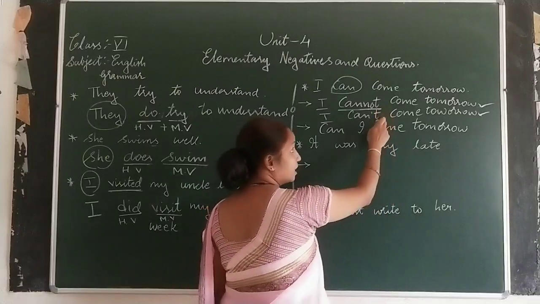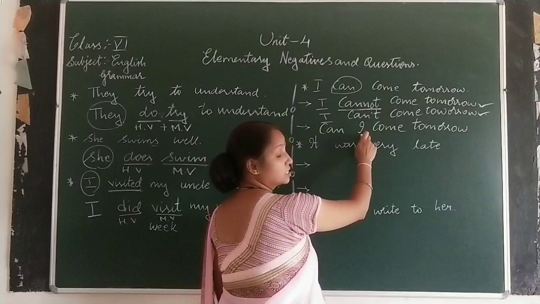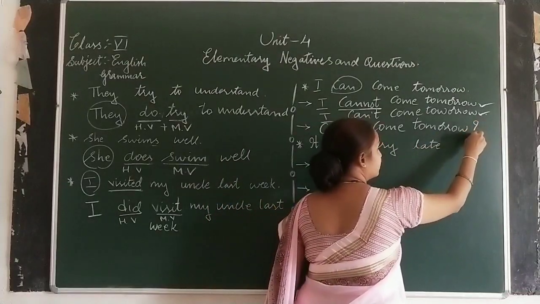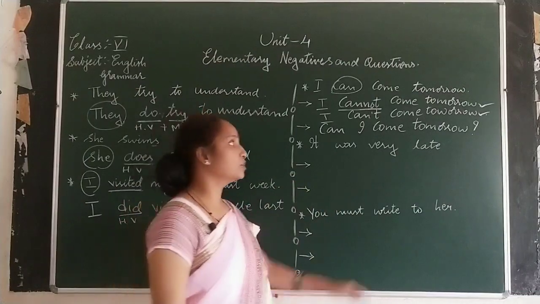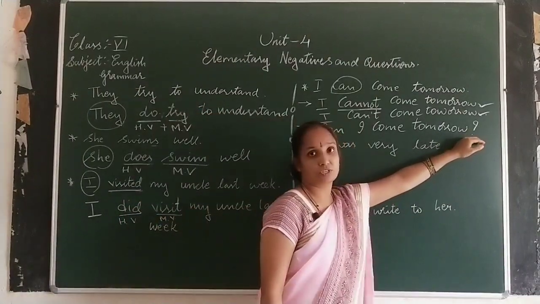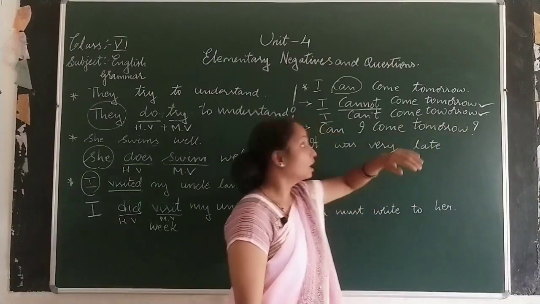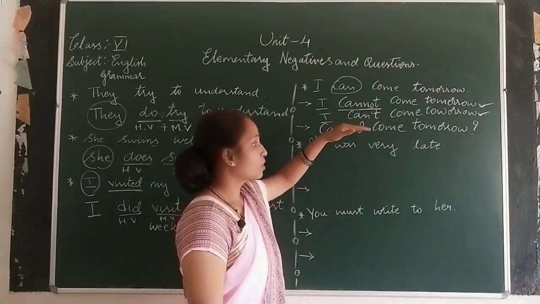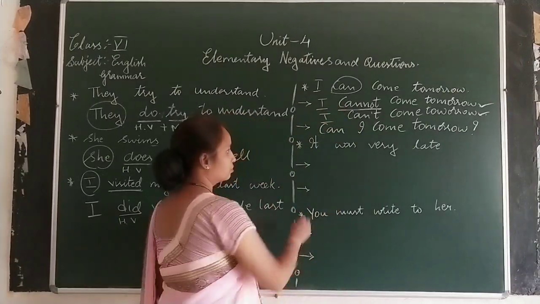For the statements, we should put the full stop. For the questioning sentence, we should write a question mark. It is very compulsory. You should mention the punctuation, the question mark. Understood, children?